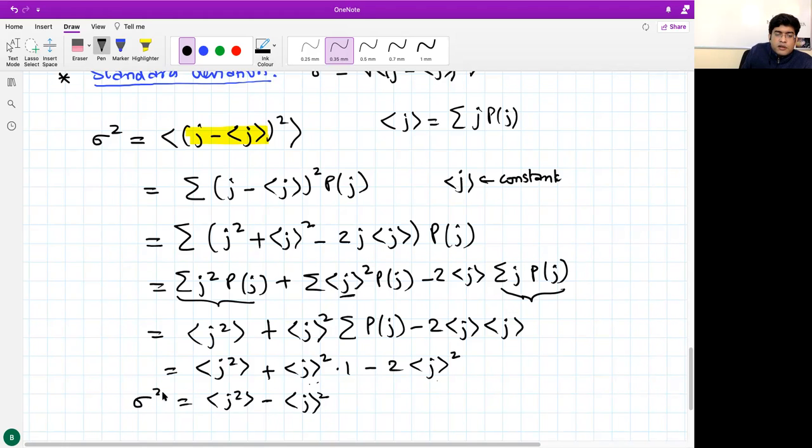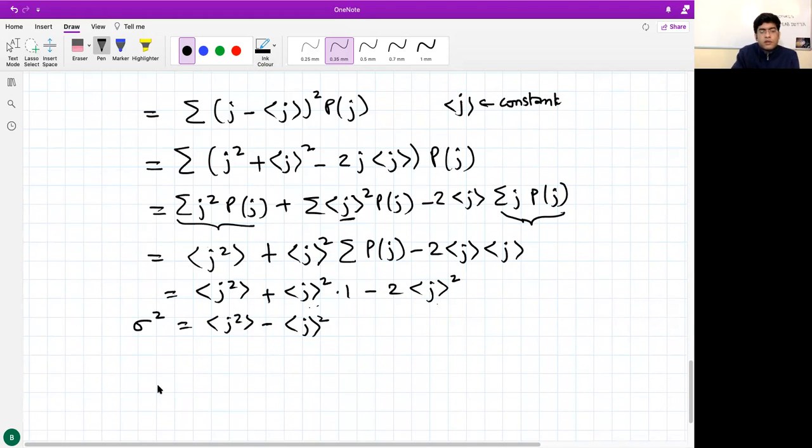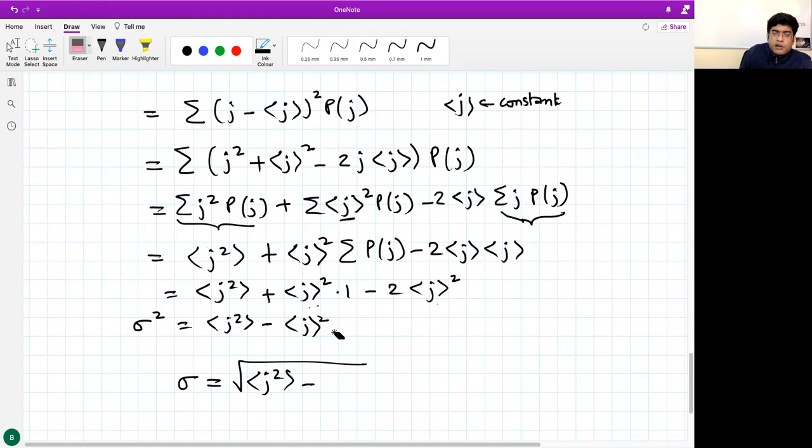This is the formula we'll be using for standard deviation. This is what we should remember: the mean of j square minus the square of j mean. These are two different quantities, the mean of j square and the square of the mean of j. We'll come to the difference.